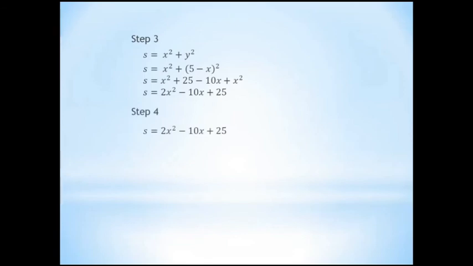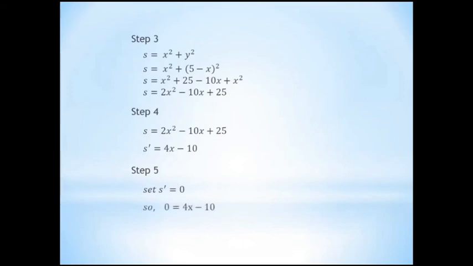Step 4. We can find the derivative of this variable. S is equal to 2x squared minus 10x plus 25. S derivative is equal to 4x minus 10. Step 5. Set the derivative to 0 and solve for x.